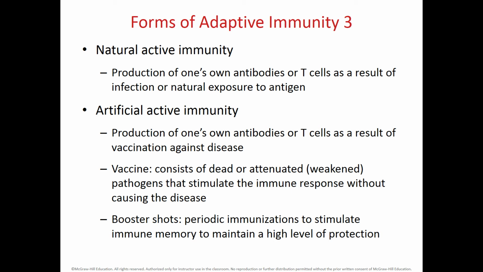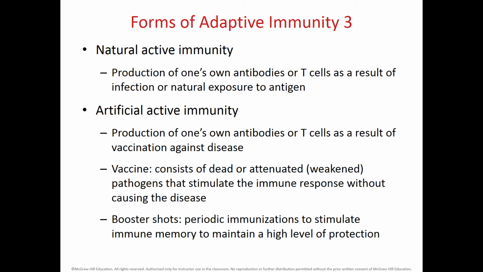An example of artificial active immunity is vaccines. In vaccines you have either an antigen from a pathogen, or a pathogen that is partially dead, weakened, or dead.